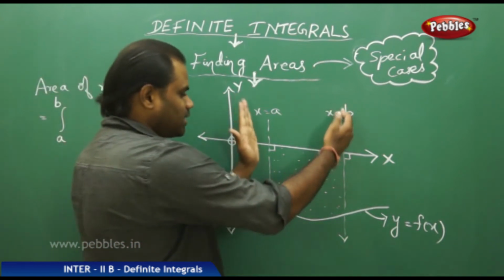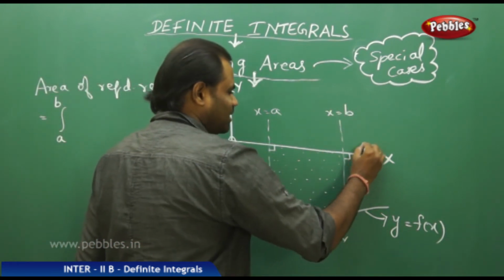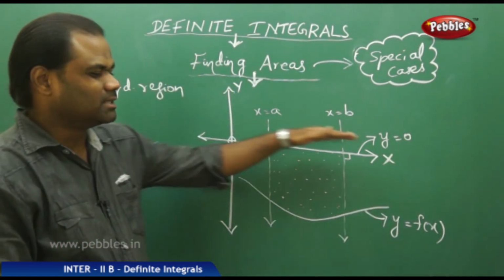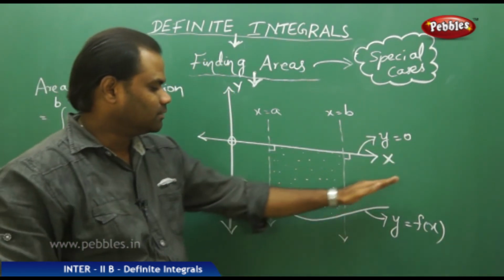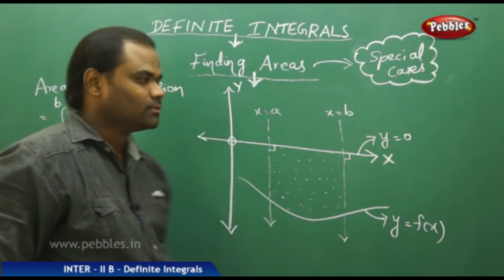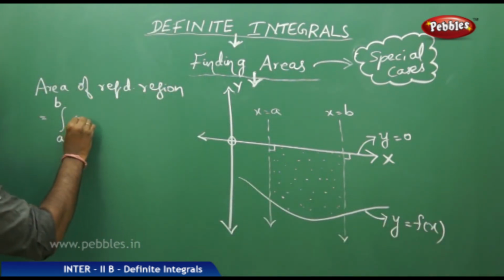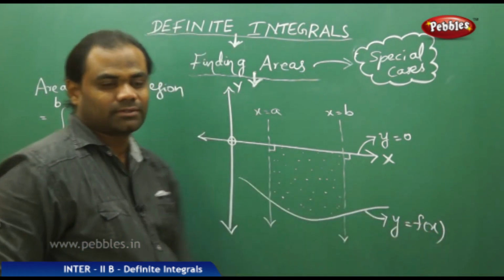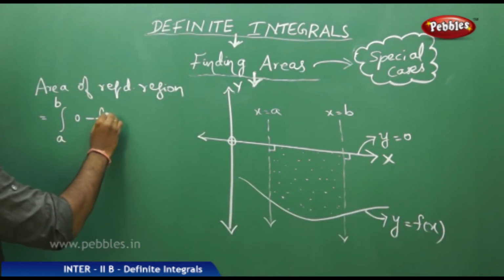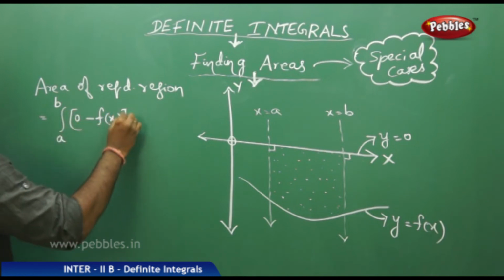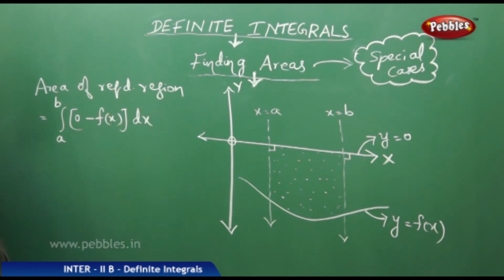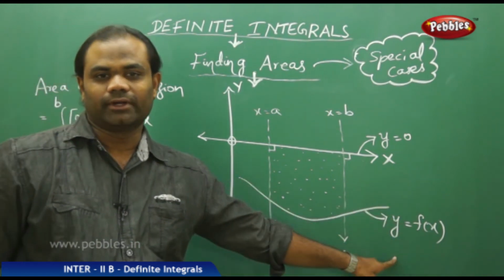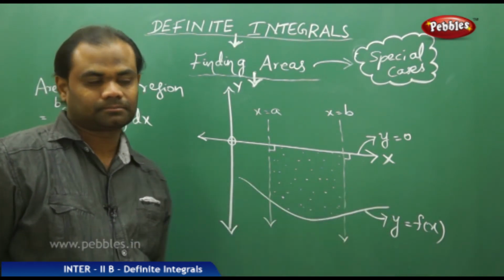Now as I see this area, the x-axis is the upper curve, which has the equation y equal to 0. So the upper curve is the x-axis and the lower curve is y equals f of x. So the upper curve is 0 minus the lower curve f of x, dx, is how the general formula reduces in the case of the curve in the fourth quadrant as seen in the diagram.